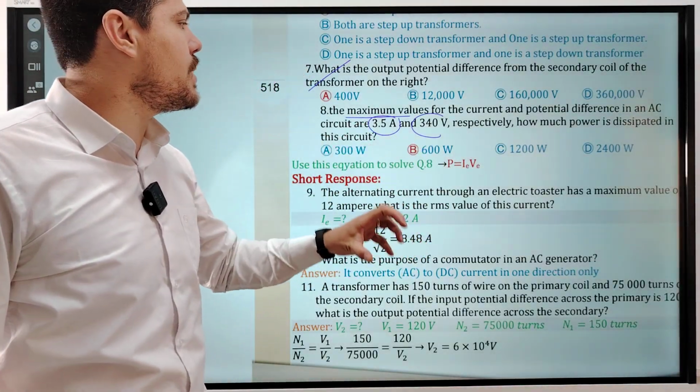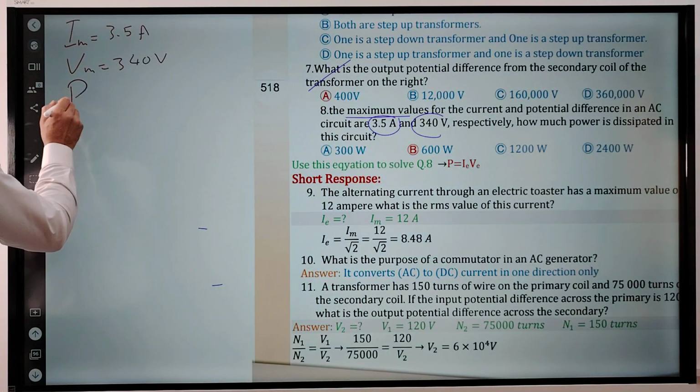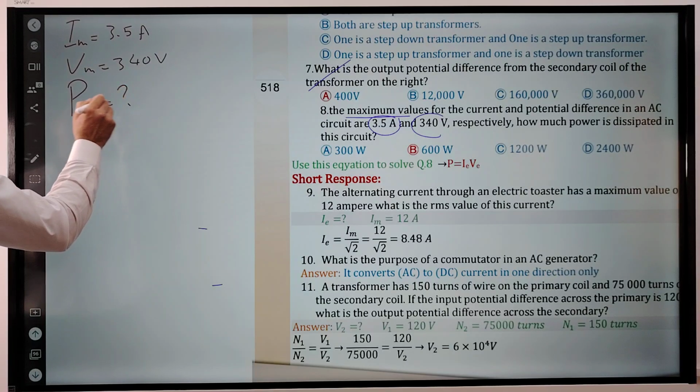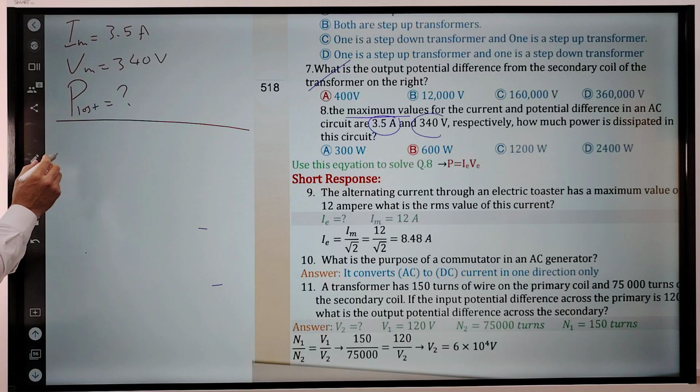How much power is dissipated in this circuit? So what is unknown? The power dissipated, P lost. To find P lost, which value can be used?